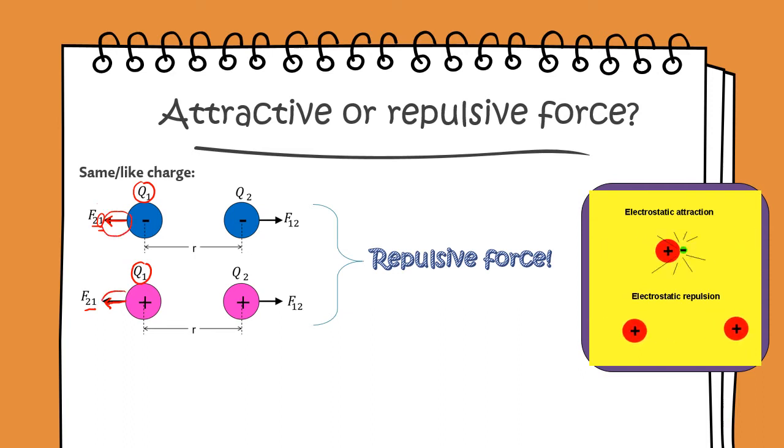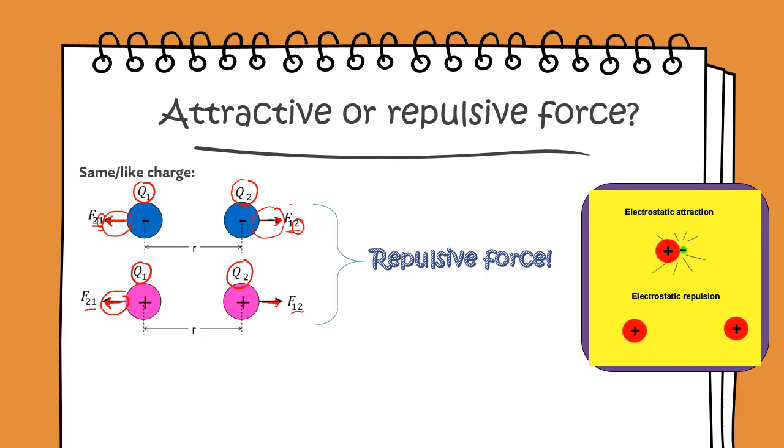While for the charge Q2, the direction of the repulsive force is to the right, and we will label it as F12. F12 means F of charge Q1 on charge Q2. On charge Q2 means that the direction of force is on charge Q2.